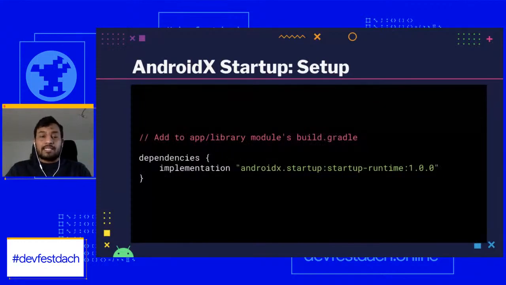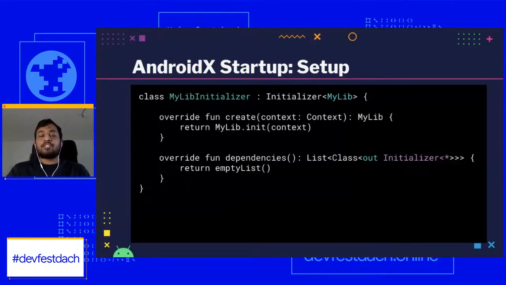So if you wanted to set this up, it's very simple. You add a dependency in your library module's build.gradle file, and then you add the AndroidX startup runtime, and what this gives you is access to the Initializer class. The Initializer class is kind of like a template, if you can think of it that way.